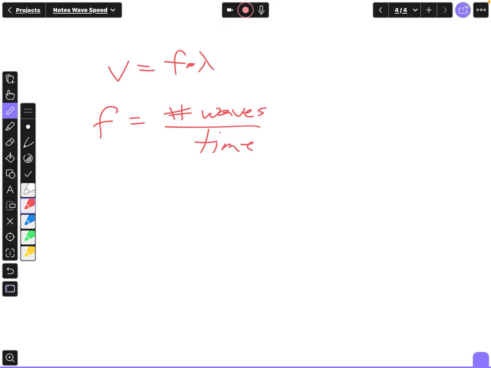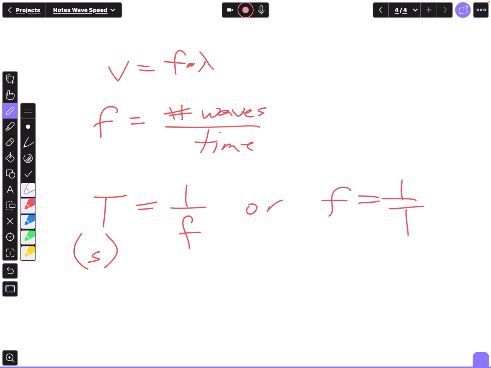We can also solve for the period, which is T, with 1 over F, and the units for period are seconds. Or we can use the reciprocal of that, F equals 1 over T, to solve for the frequency if we were given the period. That's how you do those problems.